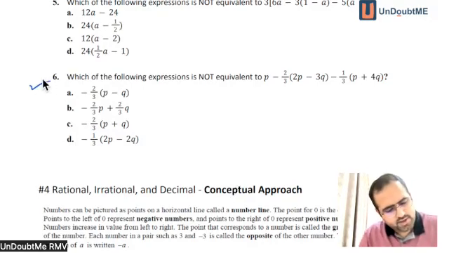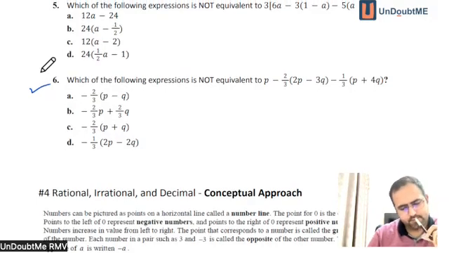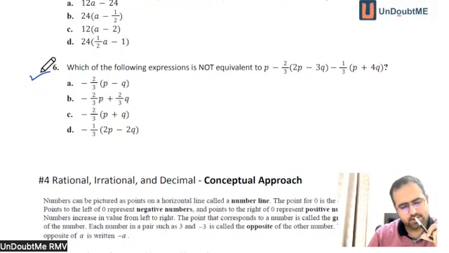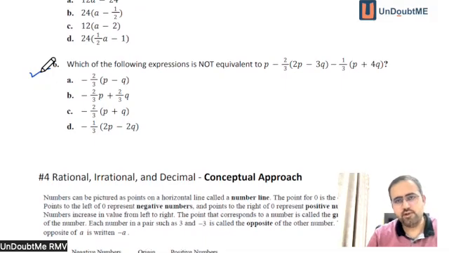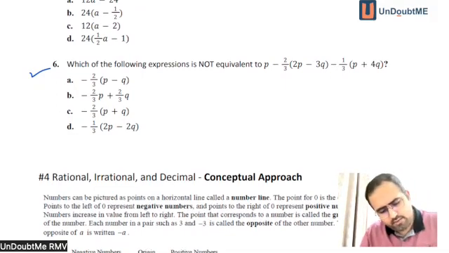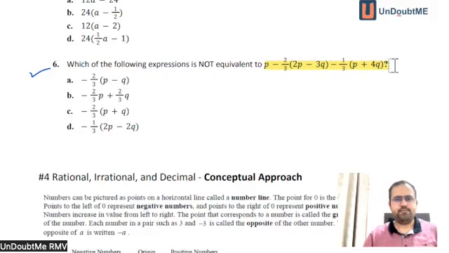Can you try the sixth question? It involves fractions, so accuracy and speed. If you feel that you are fine with the question, try to do it faster. It starts from P minus 2. P is hidden along with 2.